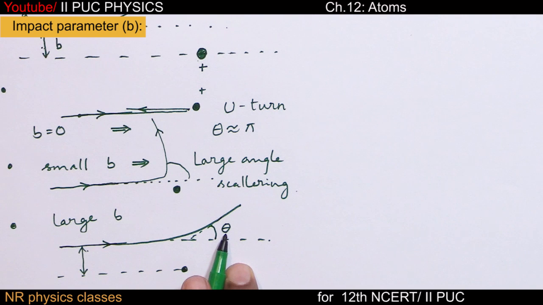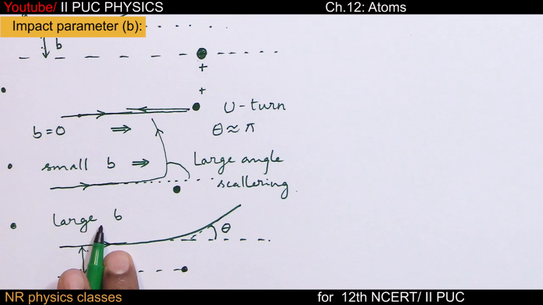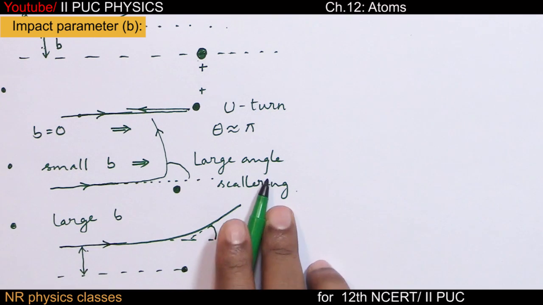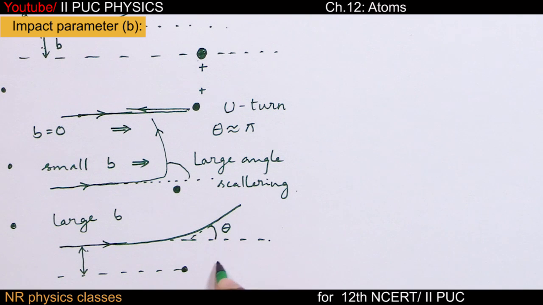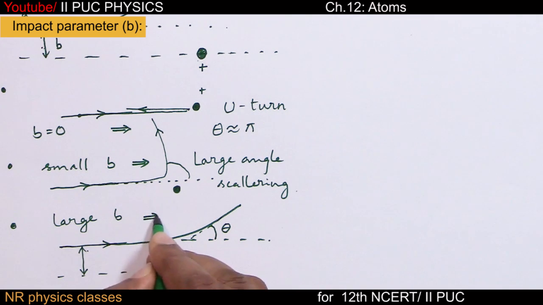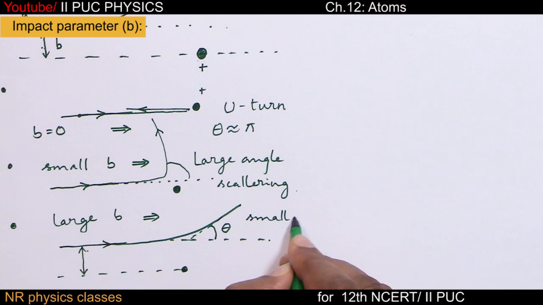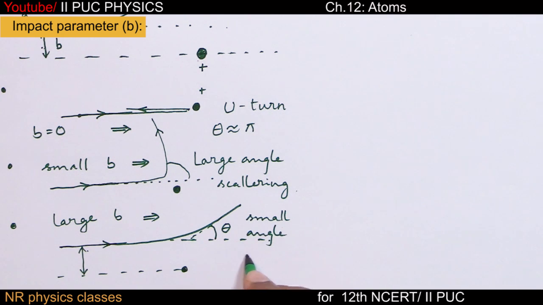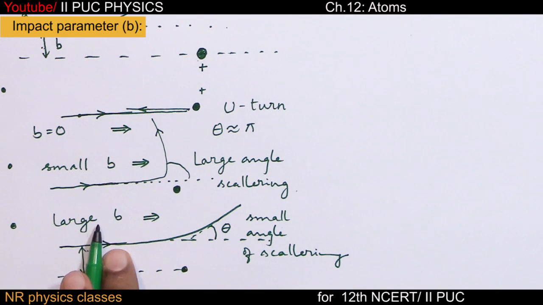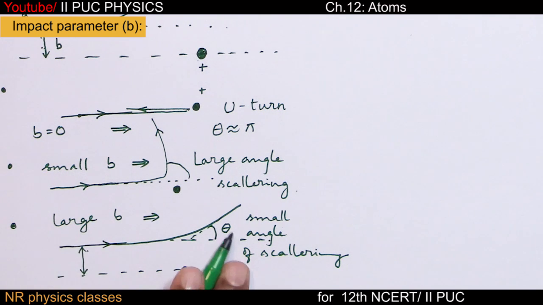See, the angle of scattering is minimum. So large impact parameter implies small angle of scattering. If impact parameter is infinity, means if the particle is very far from the nucleus, then the scattering angle is 0, because practically there is no interaction between the alpha particle and the nucleus.